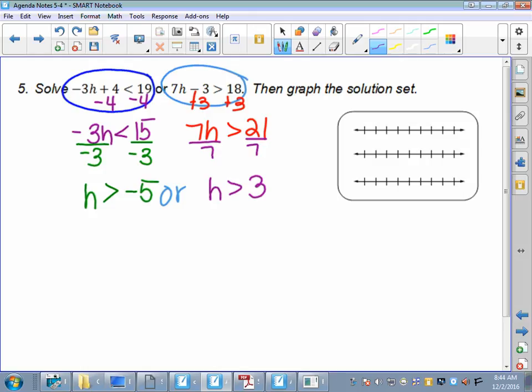So I'm going to sketch this graph of h is greater than -5. I'm going to sketch this graph of h is greater than 3. This one is a sneaky problem. I'm going to put this as my final answer.